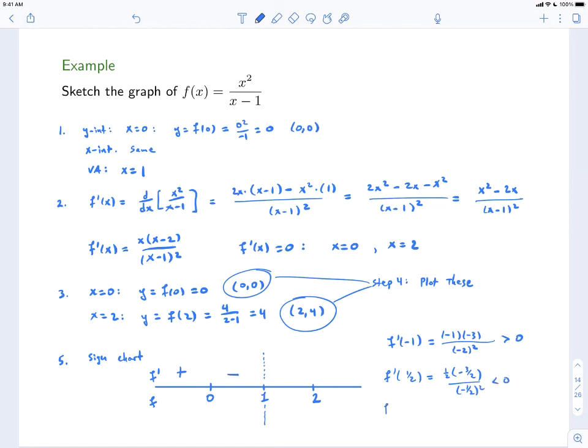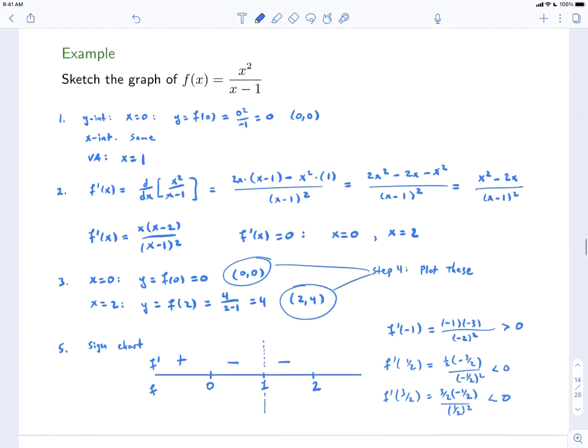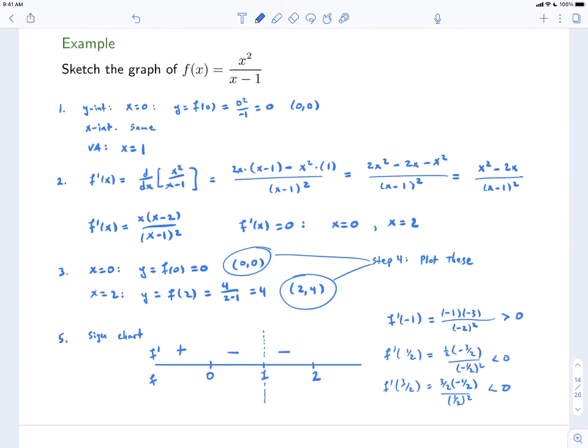And then we check f prime at 3 halves, that's between 1 and 2. So that's going to give us 3 halves times 3 halves is 1 and a half, minus 2, that's a negative 1 half, divided by 3 halves minus 1 is 1 half squared, and that of course is still negative, so we're going to have a negative there. And then finally we just need to check f prime at some value bigger than 2.